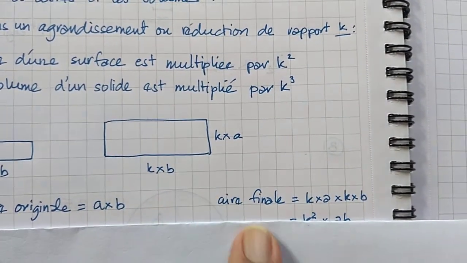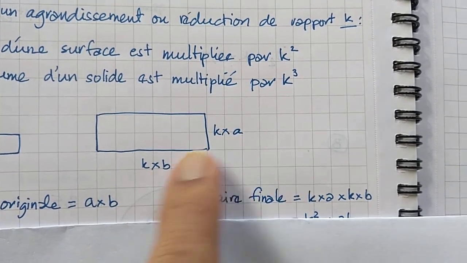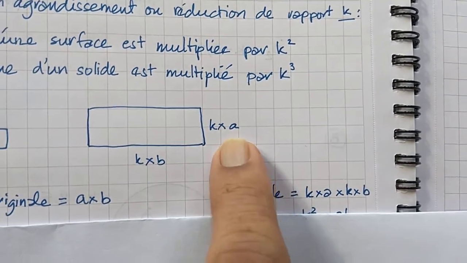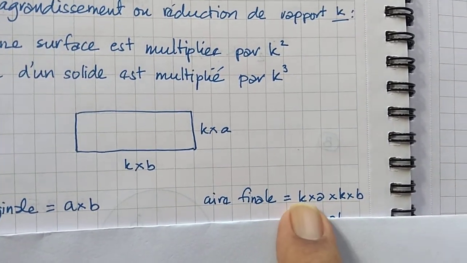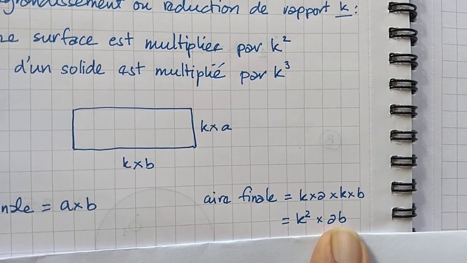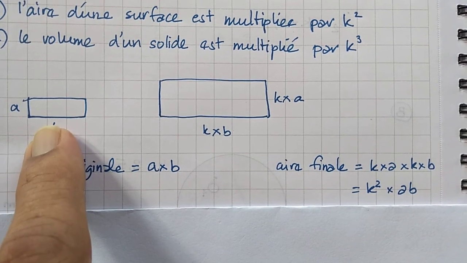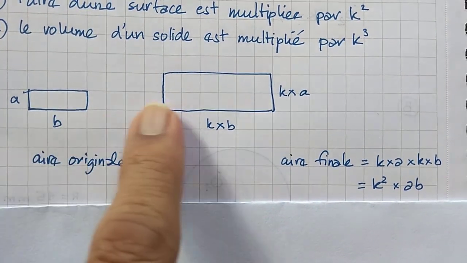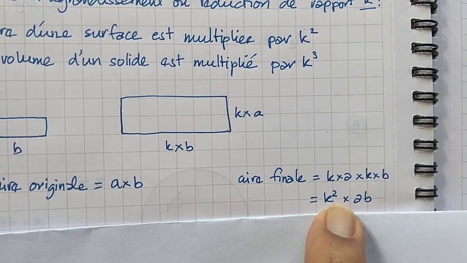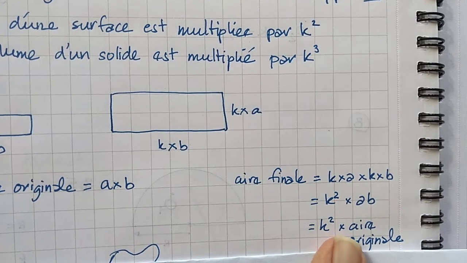And what is the area of A final? It's ka fois a fois kb, this side times this side. So we put k squared on one side and say k carré fois ab. But ab is what the original area was. So even though we increase the size by a factor of k, the area increased by k carré. This is k carré times A original.